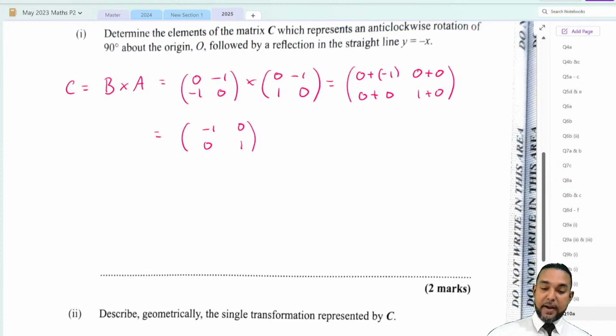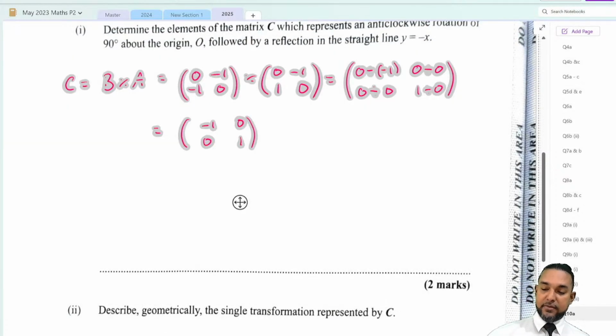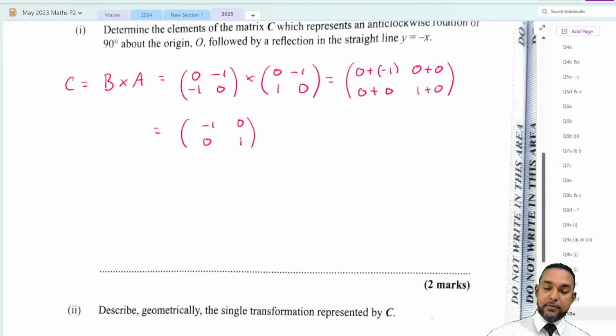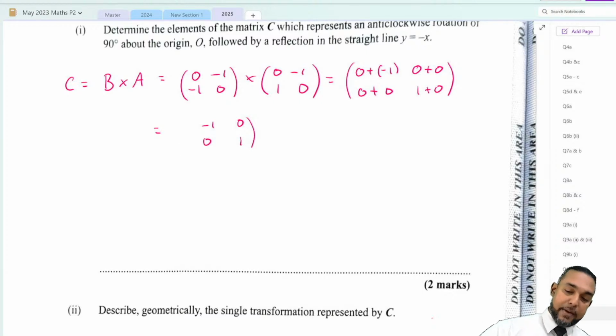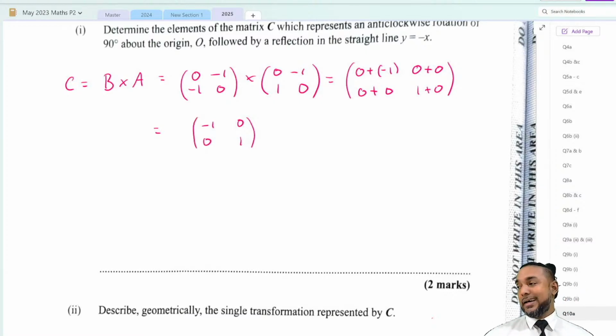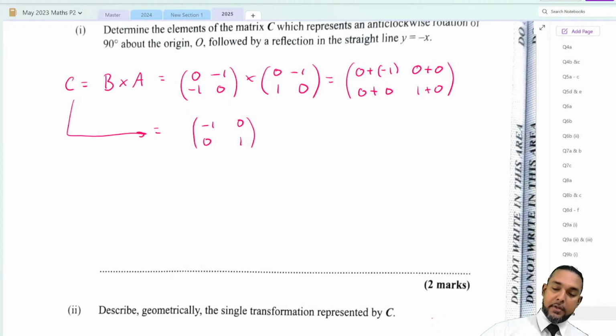And it says describe geometrically the single transformation represented by C. So again, we didn't do this topic in class because we ran out of time before we started the revision for mock. I'll see if maybe in the Easter we could go through it quickly. But what I can tell you is that this matrix C is a reflection in the y-axis.